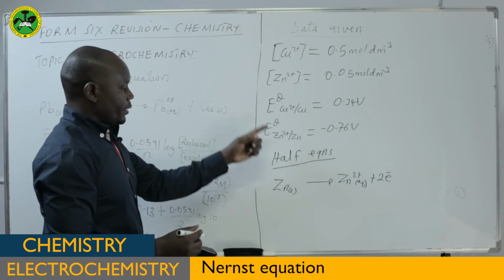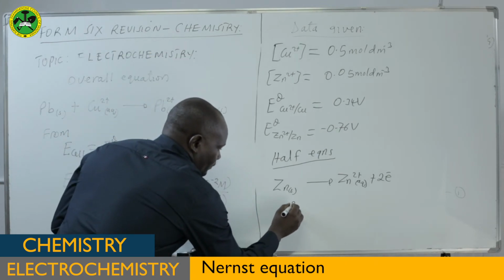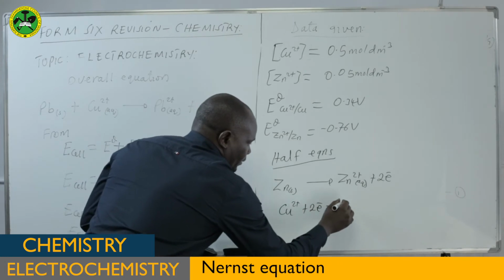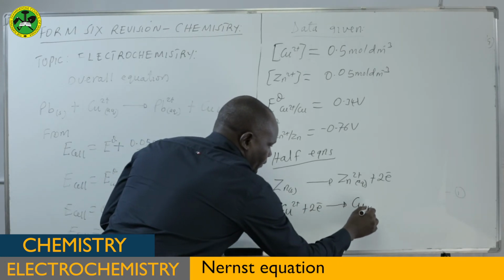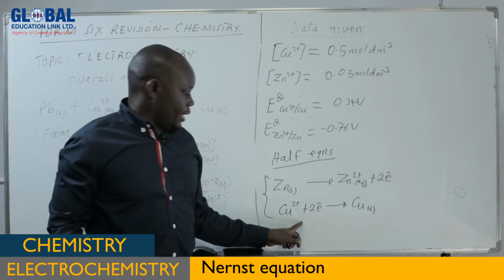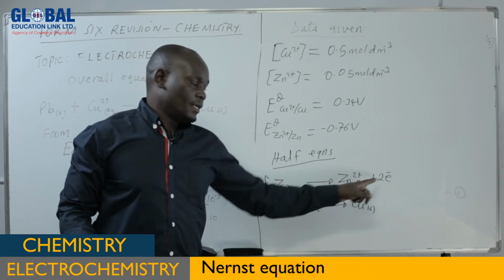And copper undergoes reduction, so you will have copper 2+ plus 2 electrons, then you will have copper solid. So these are the two half equations. Then our n here is 2 because the number of electrons has been balanced as 2.